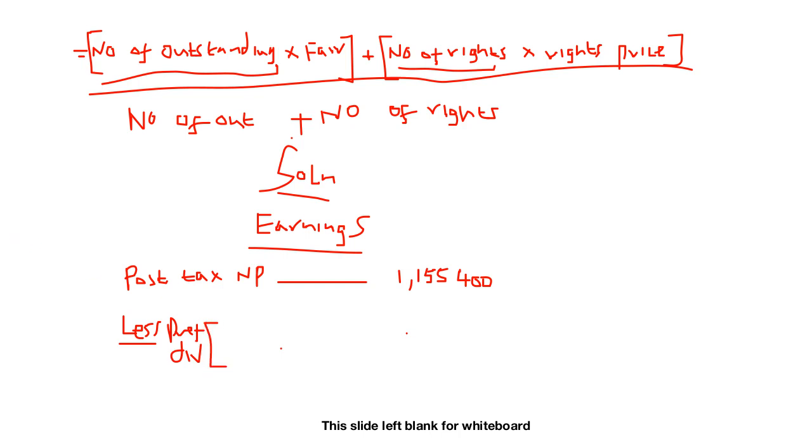Remember, we have been given that we have 100,000 preference shares, and the dividend rate, but the cost of the shares is 10 shillings per share.